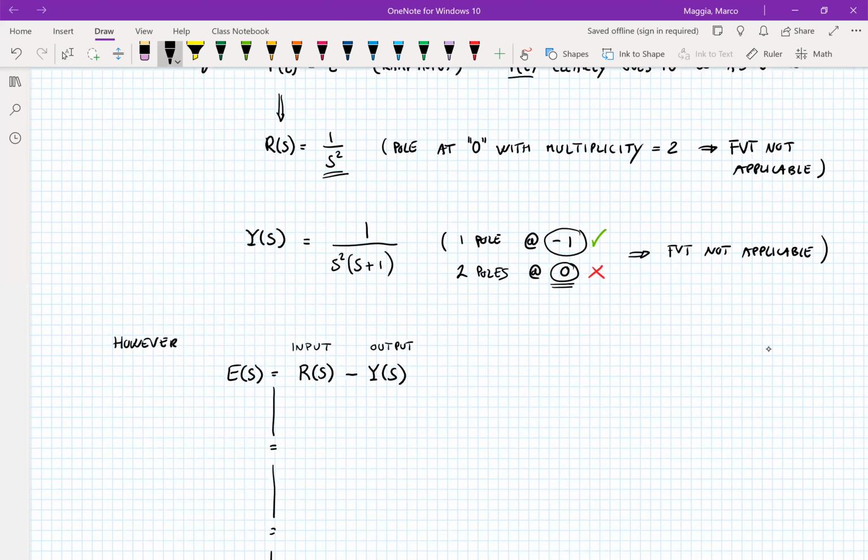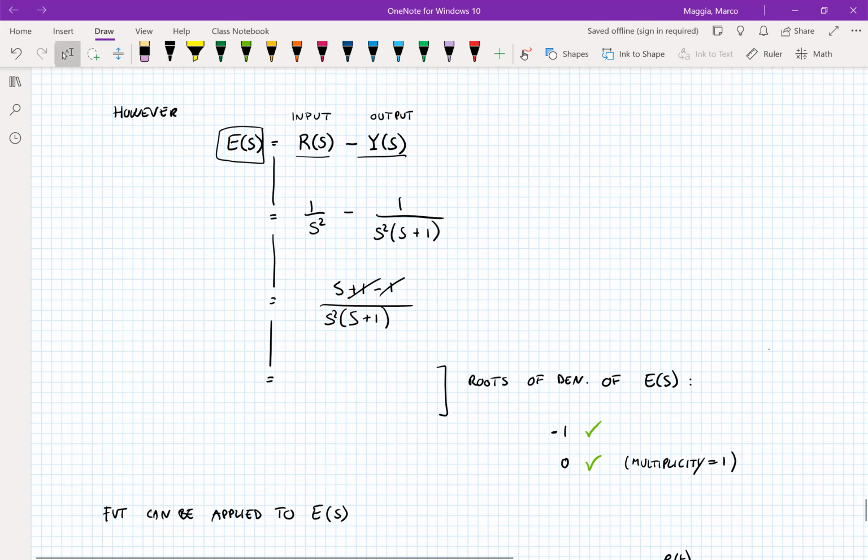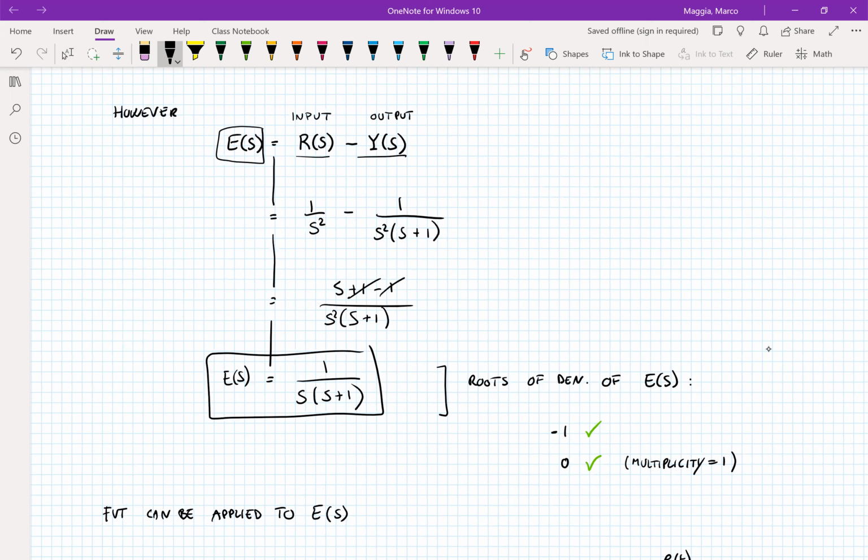However, if we take the error function, which is the difference between the input and the output, we have 1 over s squared minus 1 over s squared times (s plus 1). So we find that this is equal to (s plus 1 minus 1) over s squared times (s plus 1), and we are left with 1 over s times (s plus 1). So E(s), this new function, which is the error function, can we apply the final value theorem to this function?